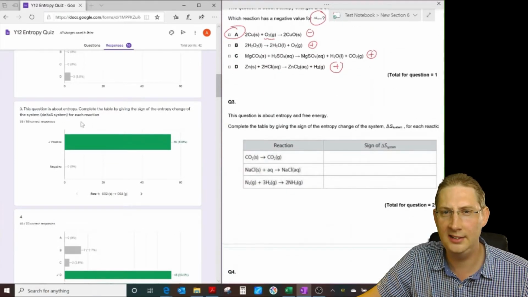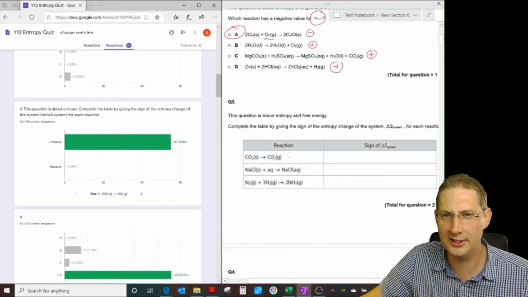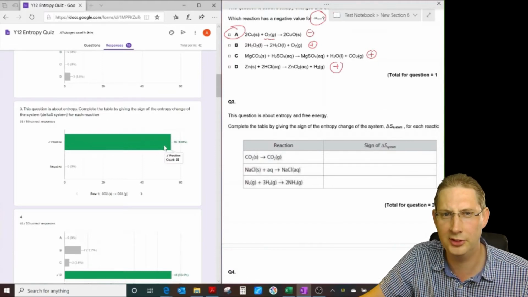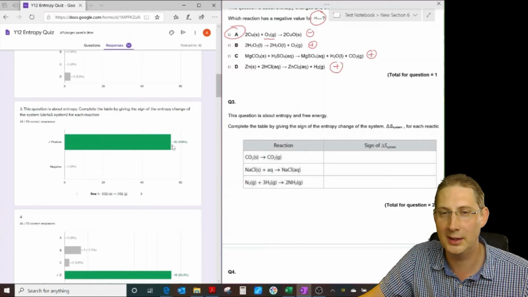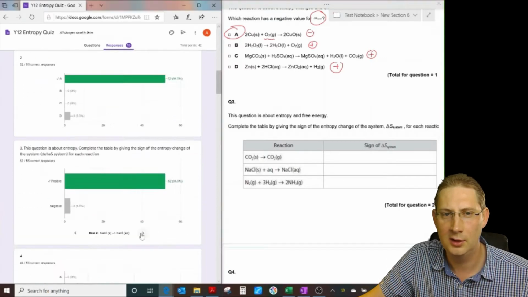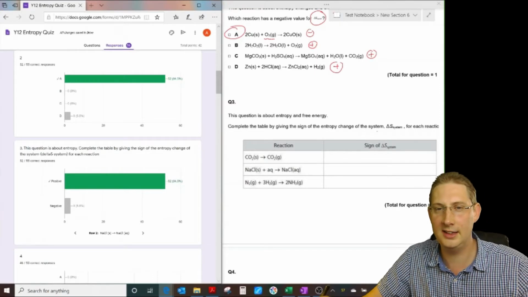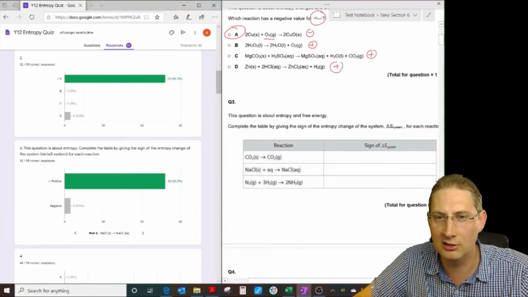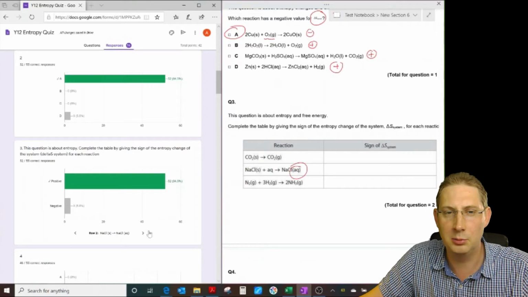In terms of these, almost all of you realised you're making a gas, so that would be a positive. In fact, 100% of you realised that would be a positive change in entropy. For row 2, we've got a solid turning into ions. These ions here, aqueous, are obviously free to move. They've got more entropy, and 95% of you realised that would be an increase in entropy.